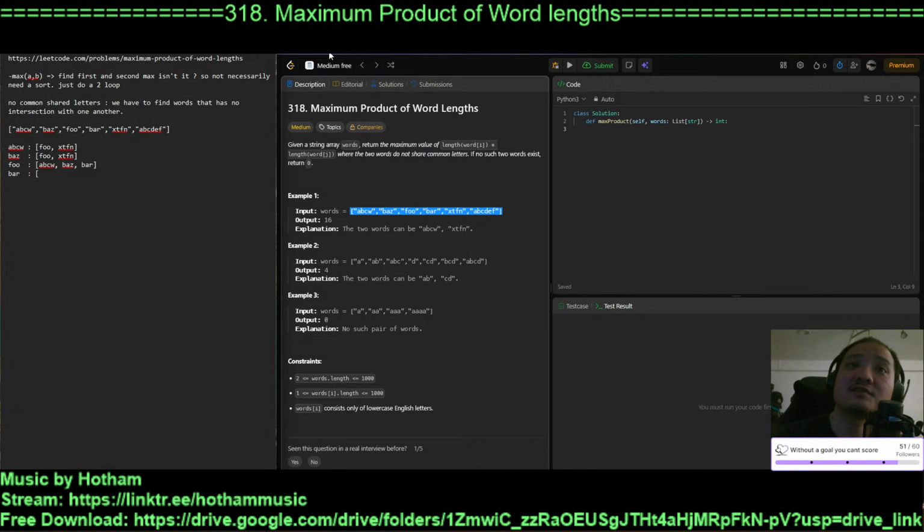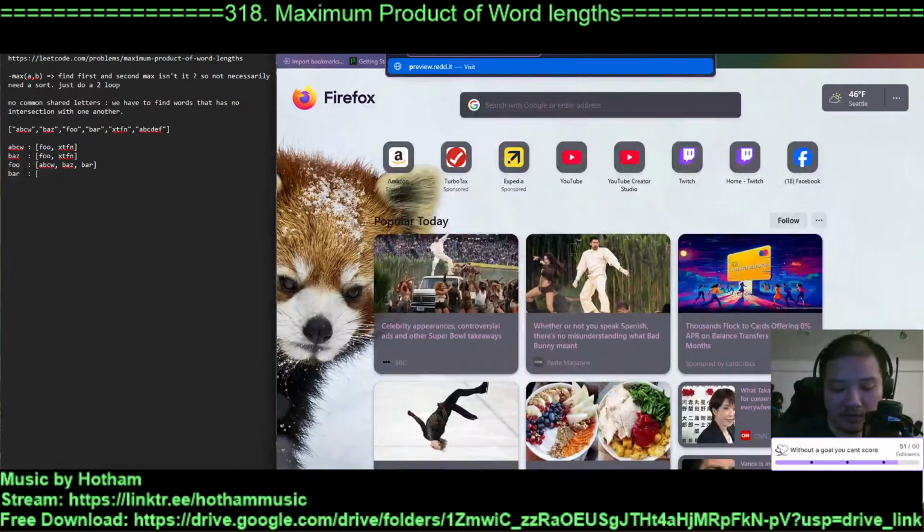oh wait, that's the thing, right? Can we do XOR, right?